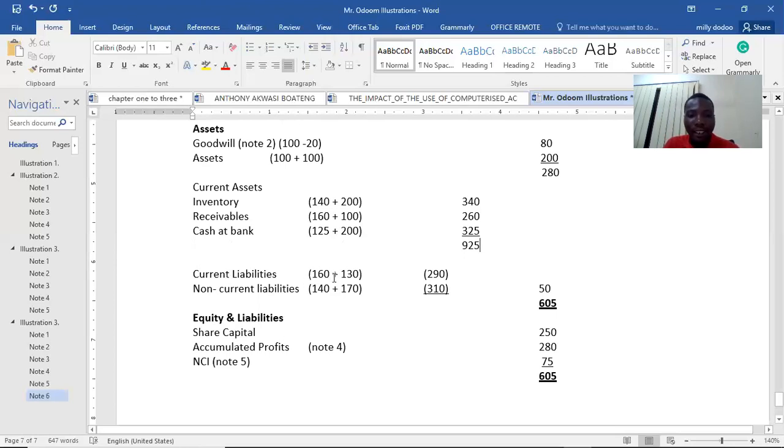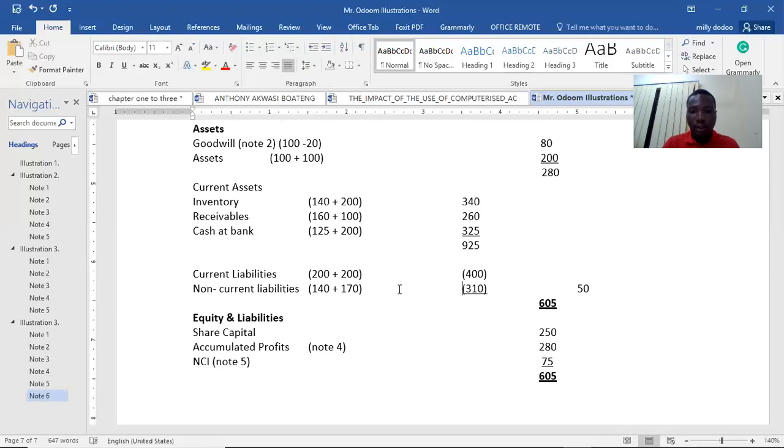You have current liabilities. You have 200 plus another 200, the two of them. So you're going to get 400. Then you have non-current liabilities, 100 and 250. So all is 350.